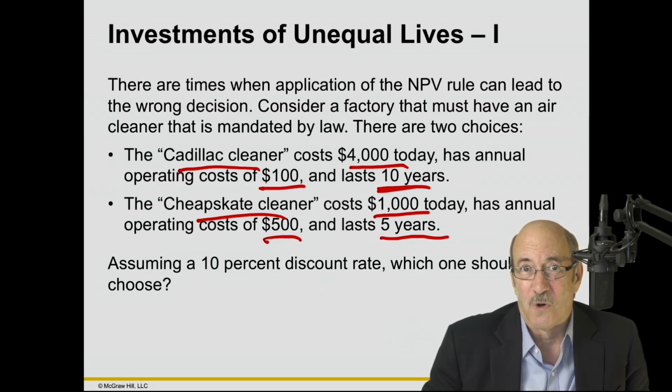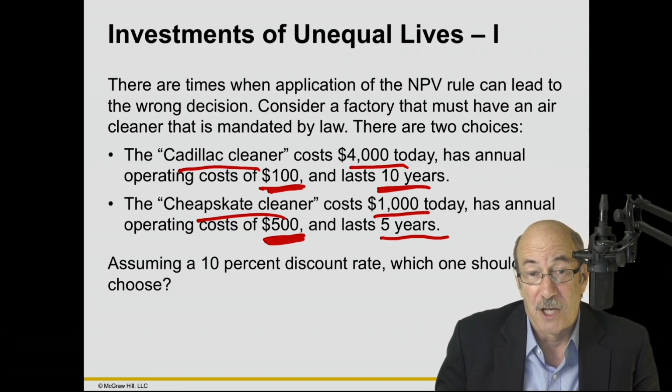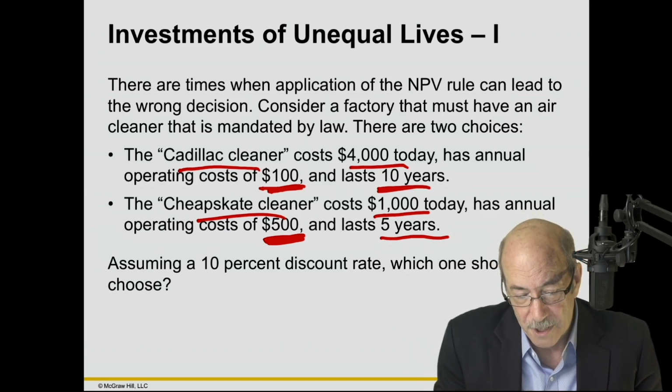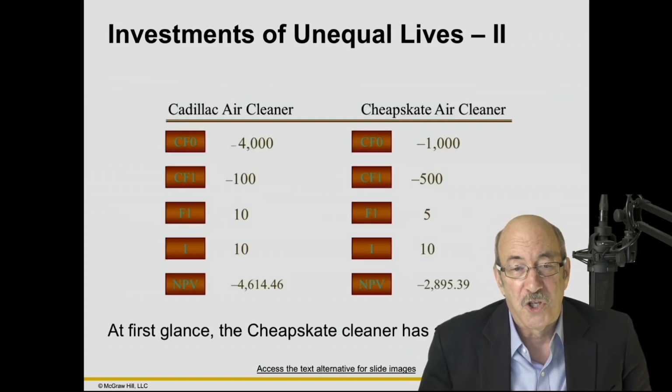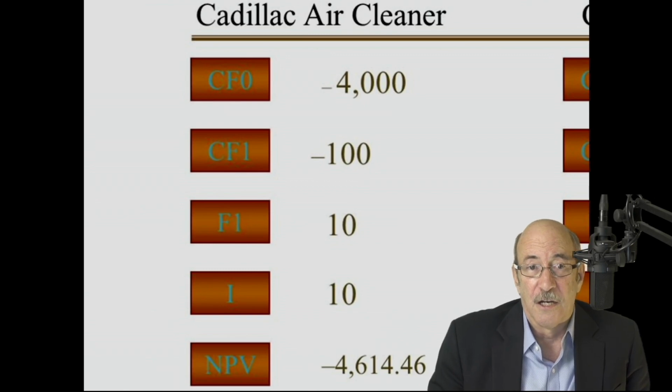This is the same sort of situation here. This Cadillac cleaner costs more, but the operating costs are lower than the Cheapskate cleaner, which costs much less but has 5 times the operating expenses. So how do we make this decision? Well, the next thing we need to know is the discount rate. In this case, it's 10%. So we're going to figure this out using our handy-dandy uneven cash flows.